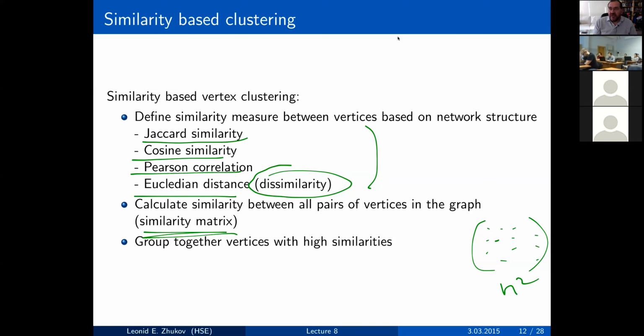And after this matrix exists, we need to group together vertices with high similarities. That's already a no-brainer, because that is what you do in every clustering algorithm, whether you want to use, say, k-means or hierarchical clustering, whatever you want, because you have a similarity matrix.